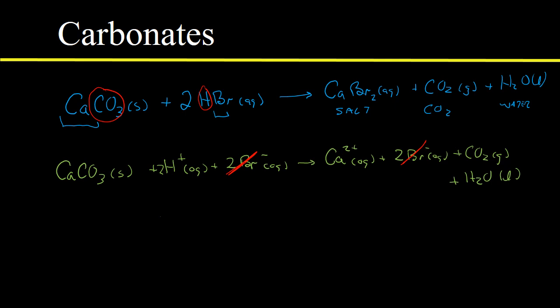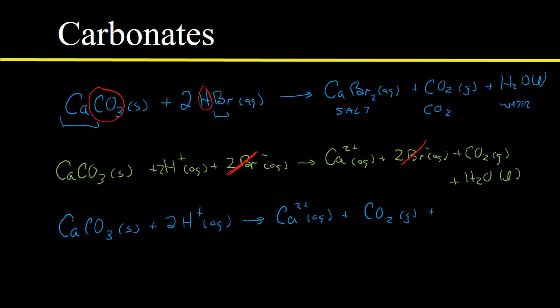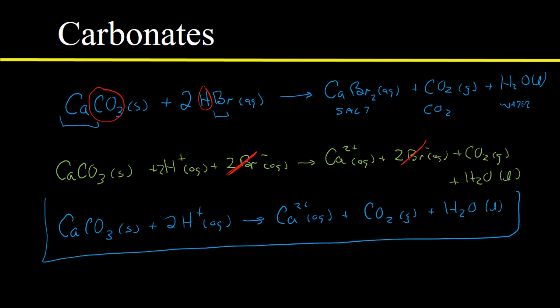So our net ionic equation is going to be calcium carbonate reacting with 2 hydrogen ions to give us soluble calcium ions and CO2 and water. Okay.